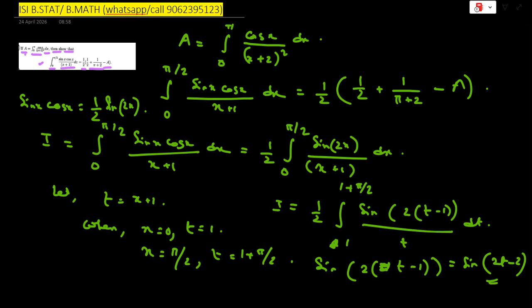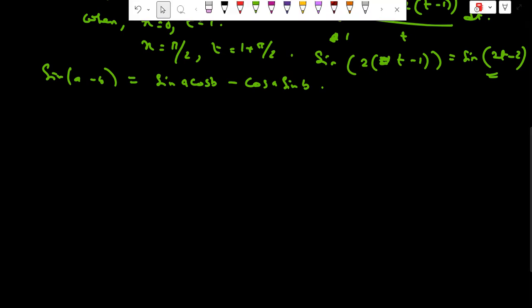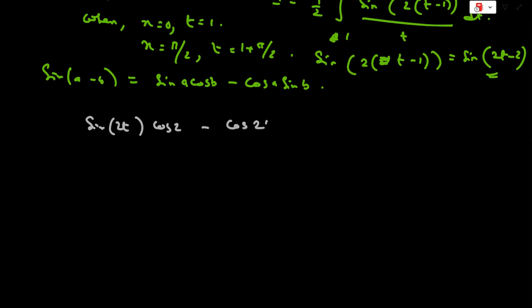Now using the identity sin(a minus b) equals sin a cos b minus cos a sin b, this will be equal to sin 2t cos 2 minus cos 2t sin 2.